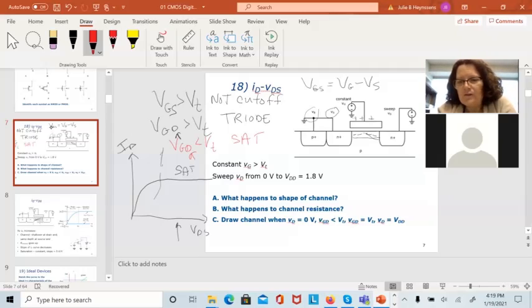And I start to pinch off the channel at this end, and I start to get something that looks more like this. So even if I increase the voltage, I'm not going to get any more current through there. It no longer looks like a resistor. The channel keeps getting shorter. It gets harder to get charge through this, but it's got a higher energy. So the current starts to flatten out. And that is in saturation.